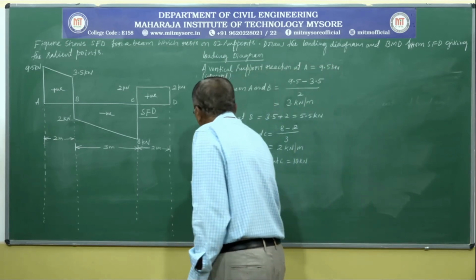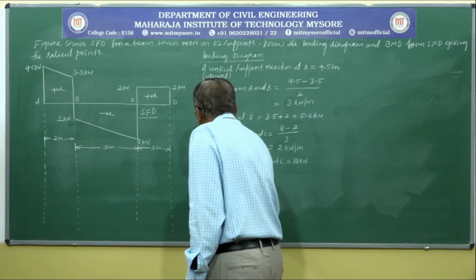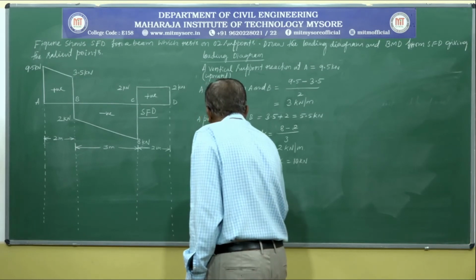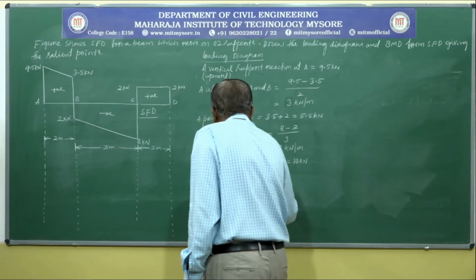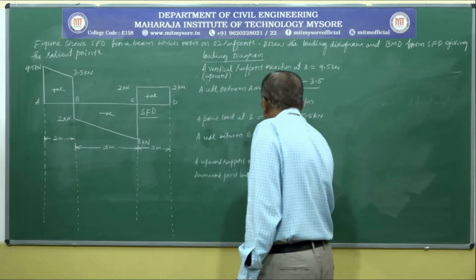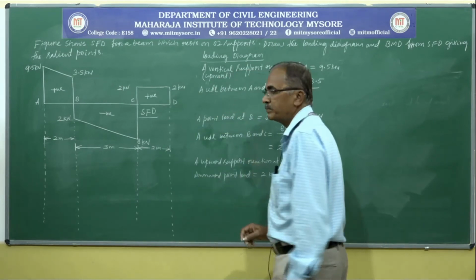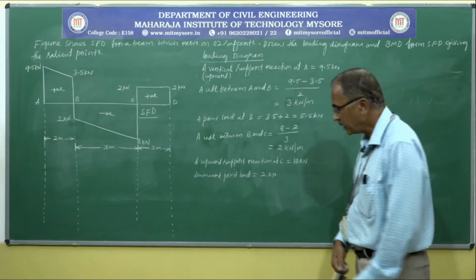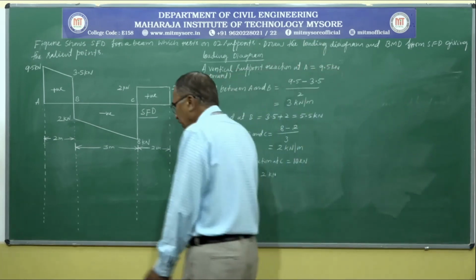Lastly, the downward point load is equal to 2 kilonewton above reference line. So like this we can calculate, and even this can be mentioned after drawing the loading diagram.